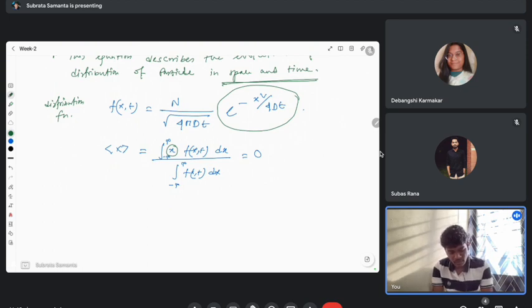Similarly, we calculate the x square average, and we get 2 D t, right? In the previous class I calculated these things.